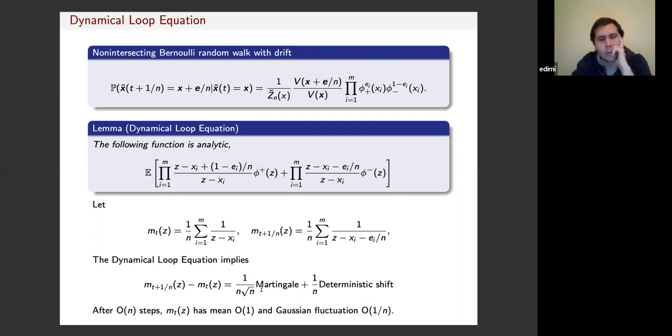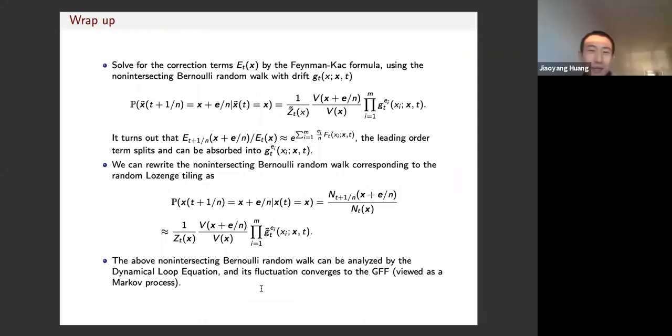Thank you. So in this way, we can solve for the correction term by the Feynman-Kac formula using this non-intersecting Bernoulli random walk. And it turns out the quantity we are interested in, E(t plus 1 over n) over E(t), this term is split.